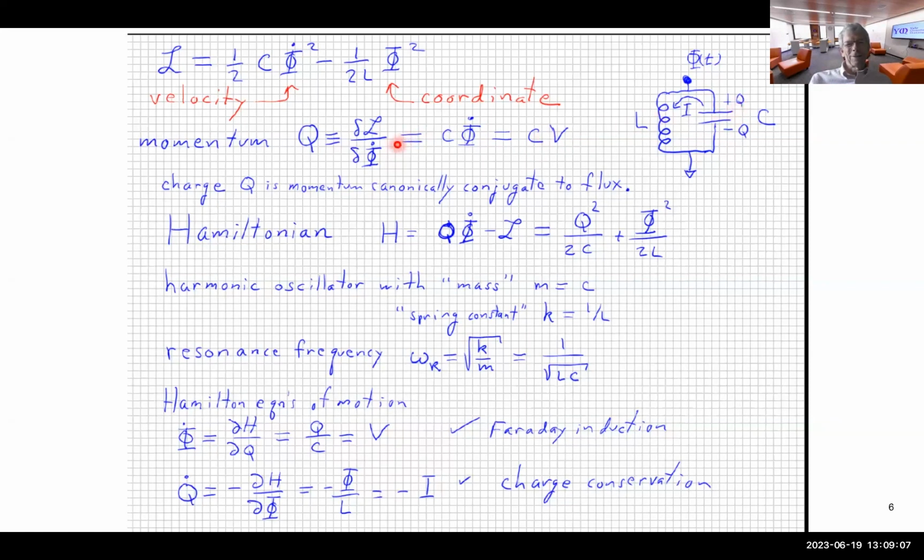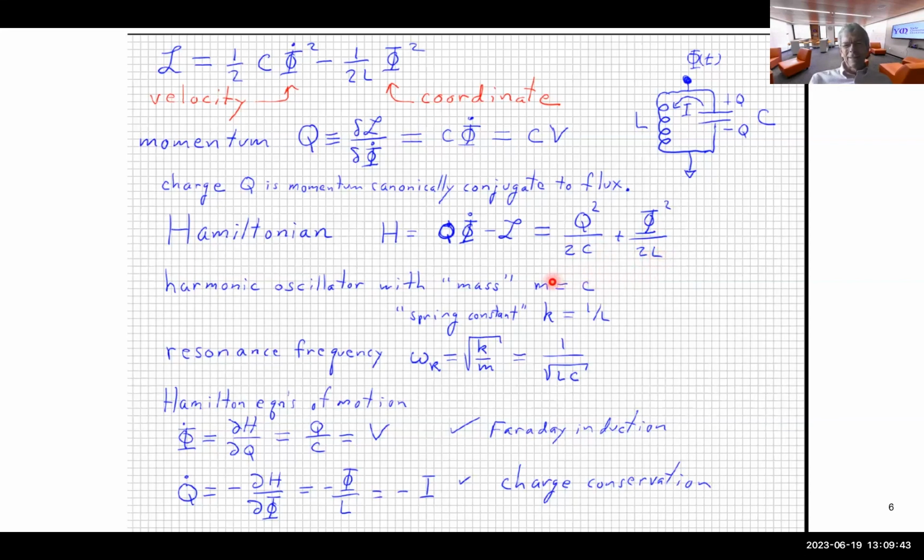That's why I called it Q. So the charge Q on the capacitor is canonically conjugate to the flux measured at this point in the circuit, the time integral of the voltage across the inductor. So we compute the Hamiltonian in the usual way, momentum times velocity minus Lagrangian, and we get charge squared over twice the capacitance plus flux squared over twice the inductance.